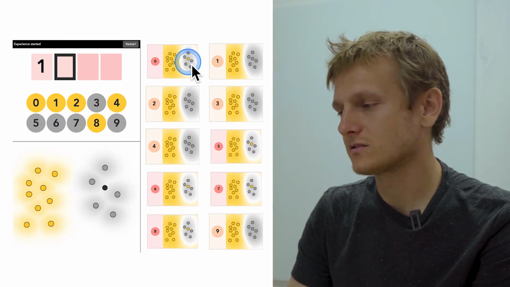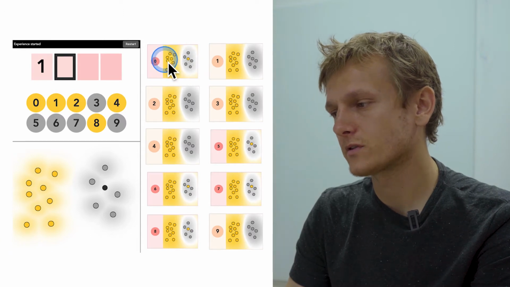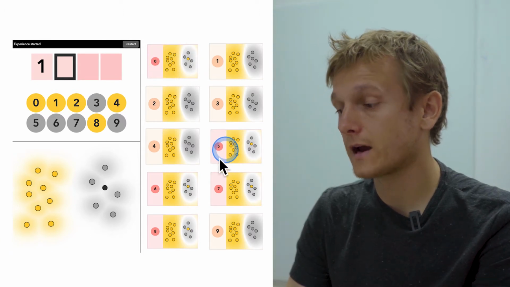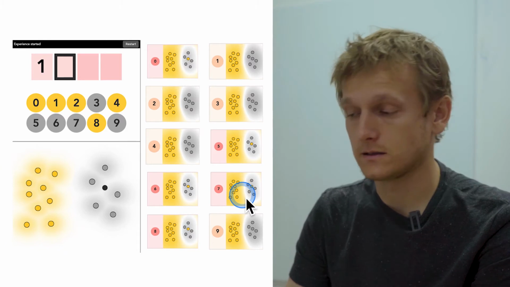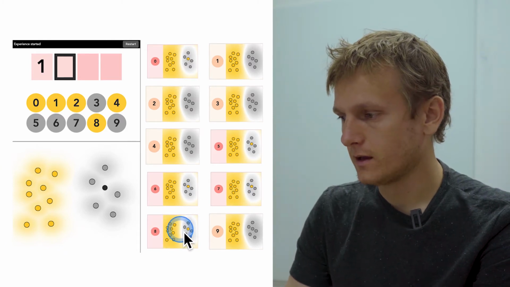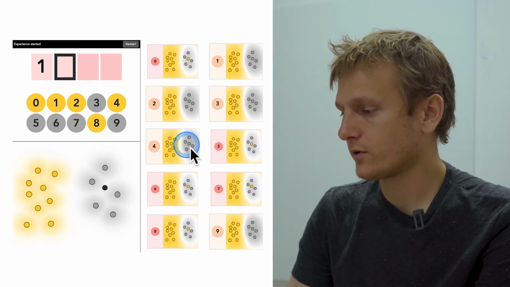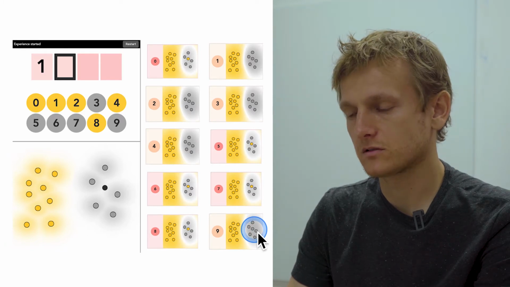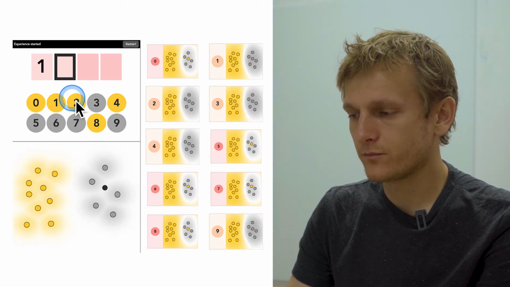So by clicking there, the user is being inconsistent with respect to the digit 0, 5, 6, 7, and 8. But for all the other ones, well, it's a gray point in the middle of a gray area. It's totally fine.